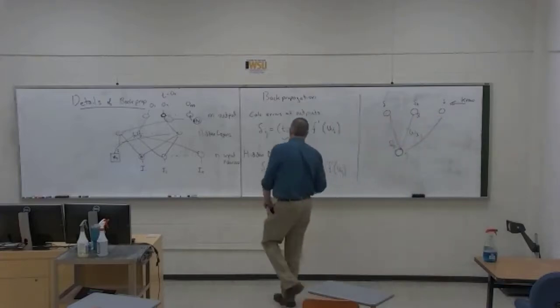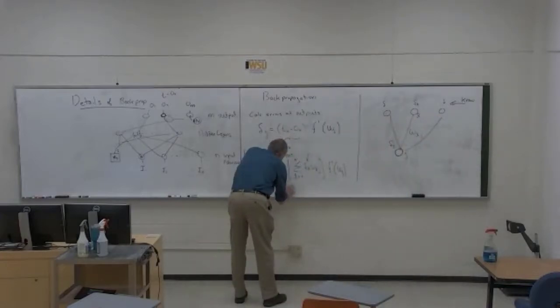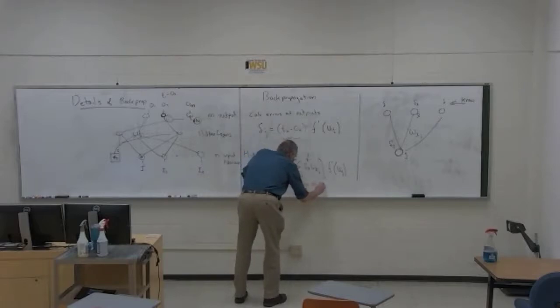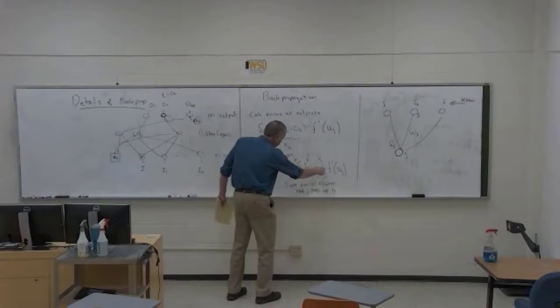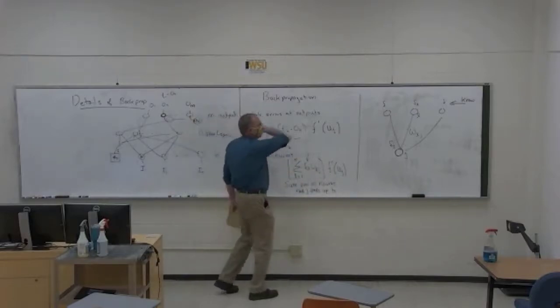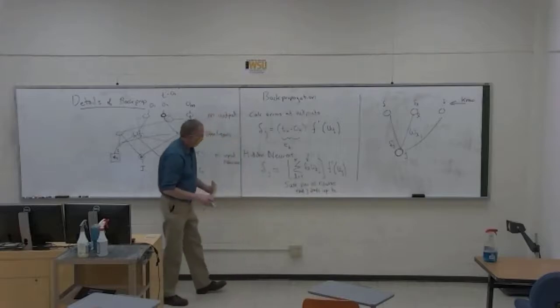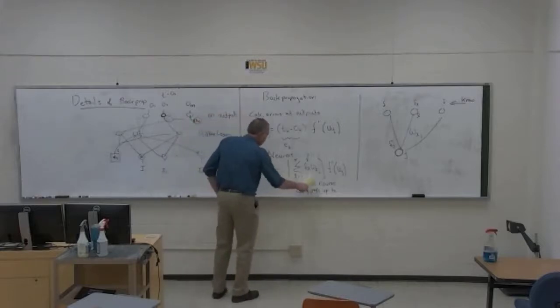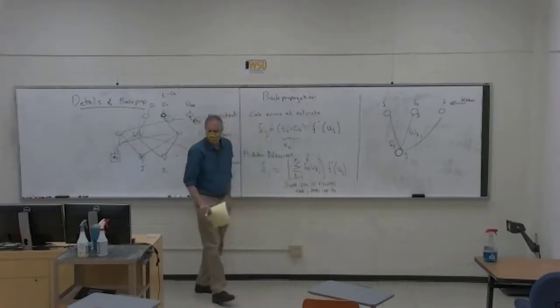And in fact, this is the sum over all neurons that J feeds up to. So that's what W_JL is. It's all the weights going up. These are all the errors of the layer above. And we simply add this up over all the neurons that J feeds up to.